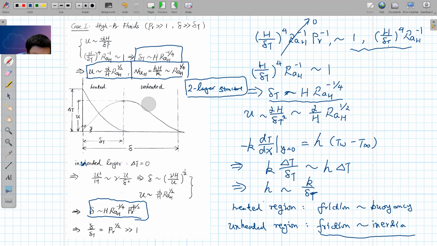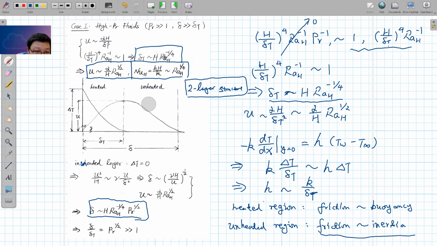And the maximum velocity u, the magnitude of the velocity induced by the natural convection, is of the order of alpha over h times Rayleigh number to the power of 1/2.